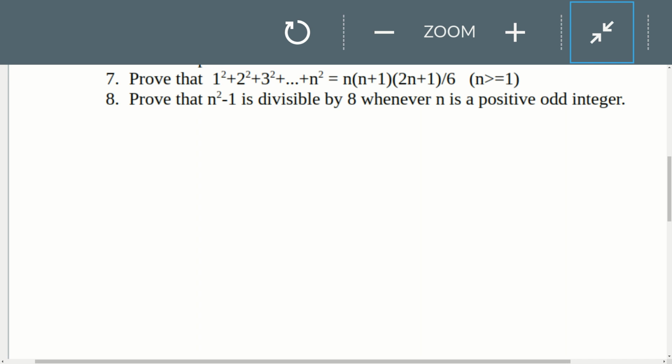I think now we ignore this side, because we know that this equals that, equals this right here. So now we just want to prove that, with some kind of algebra.